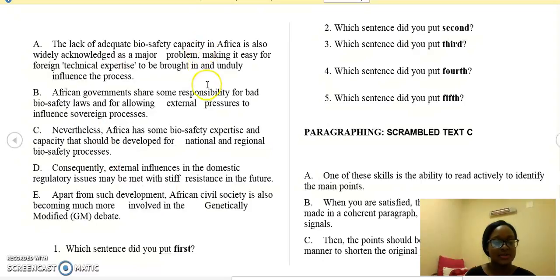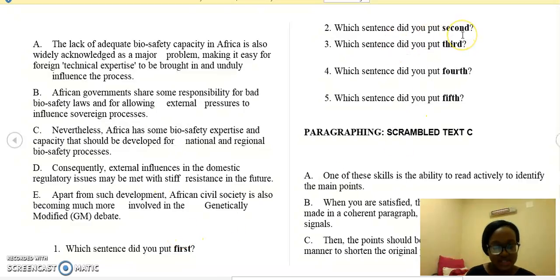Also A, right? E, apart from such development, what development? We don't know what development we are talking about. So our first sentence, our topic sentence, is option B, which states that African governments share some responsibility for bad biosafety laws and for allowing external pressures to influence certain processes.